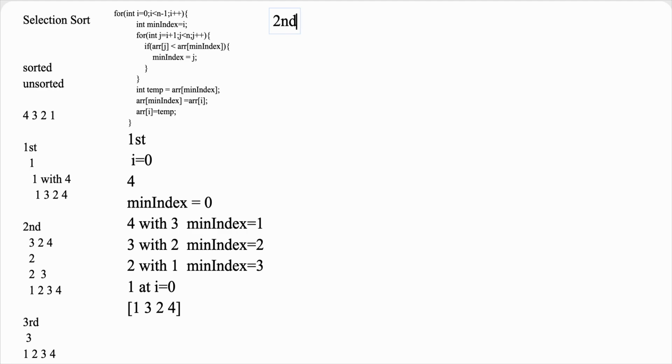Second iteration. Here we need to start from i equal to 1. We assume that 3 is the smallest and min index is 1. Here we compare the 3 with the 2, so we need to update min index to the 2.